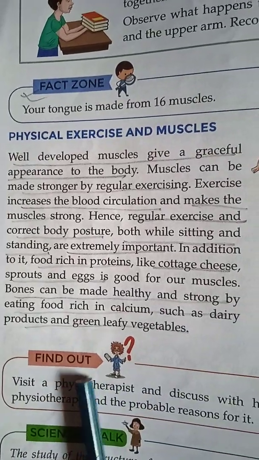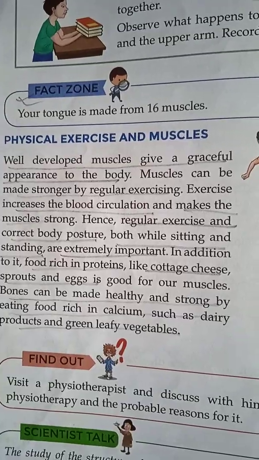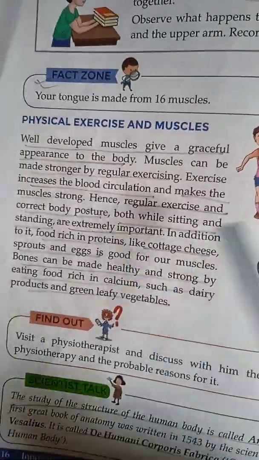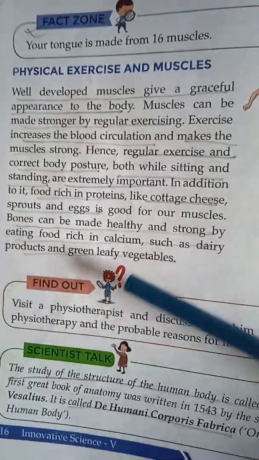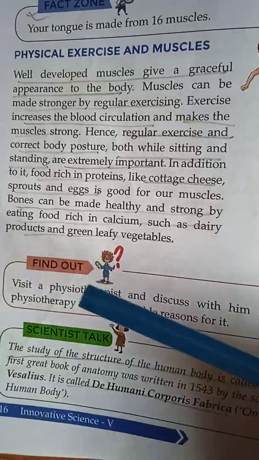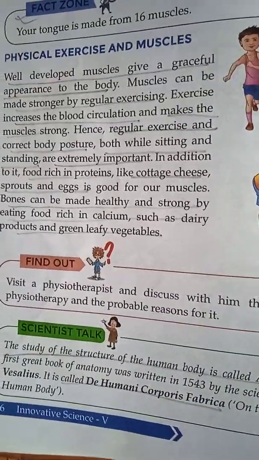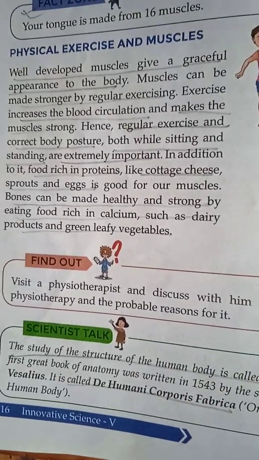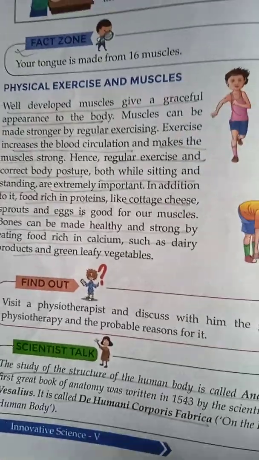You can take eggs, dairy products, green leafy vegetables. These kinds of things will help in maintaining good health. And by doing physical exercises and following a proper diet, you are going to be very healthy, your muscles are going to be healthy, your body is going to be healthy. So try to take a nice diet.